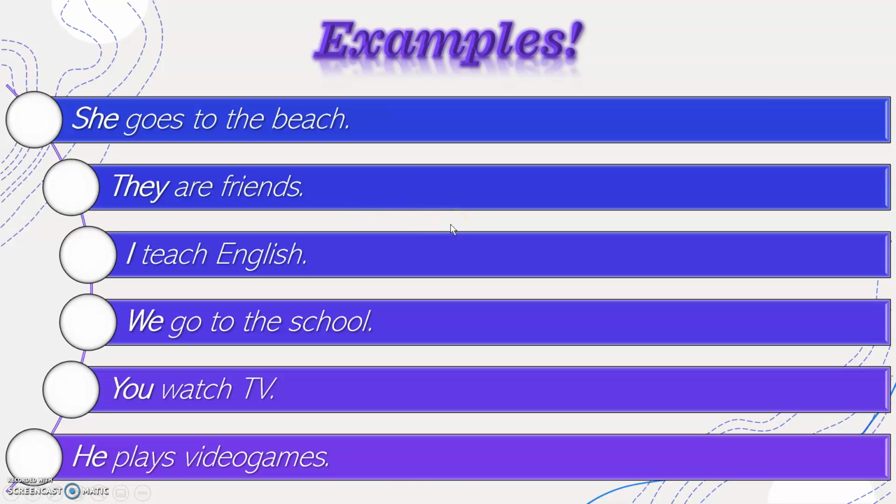Now let's continue. Now let's talk about object pronouns, which is the next category. Now we have, for example, as object pronouns: me, you, him, her, it, us, you, them.